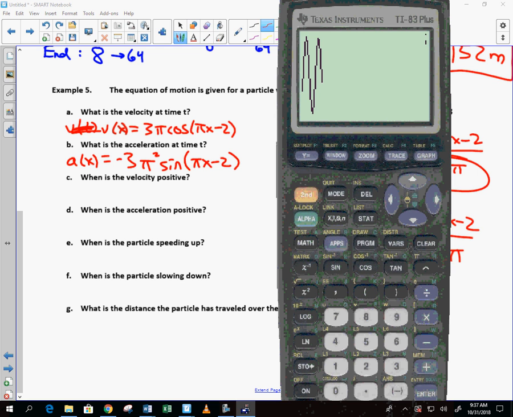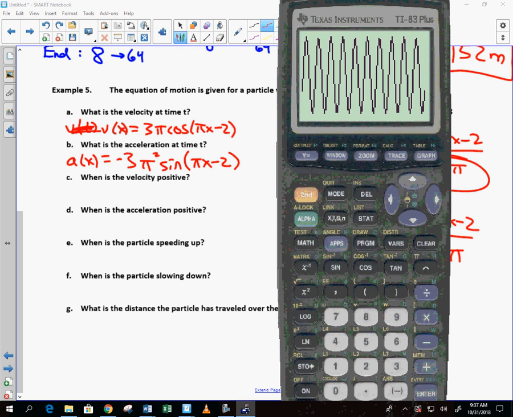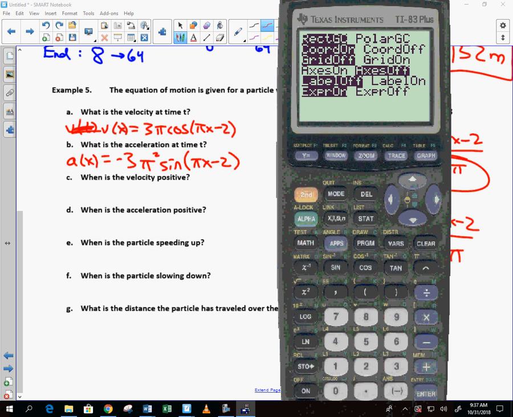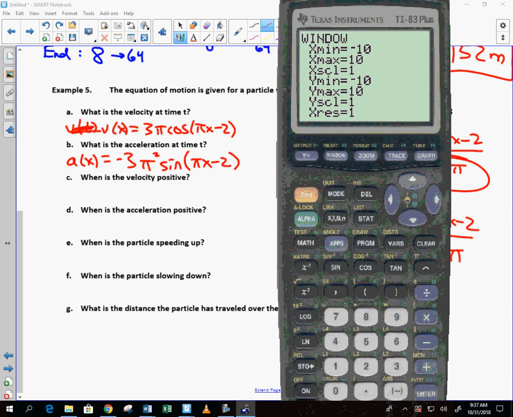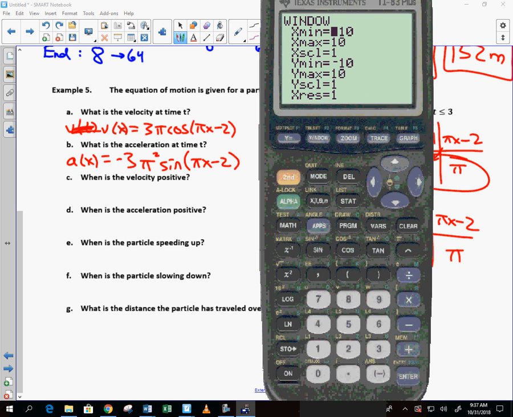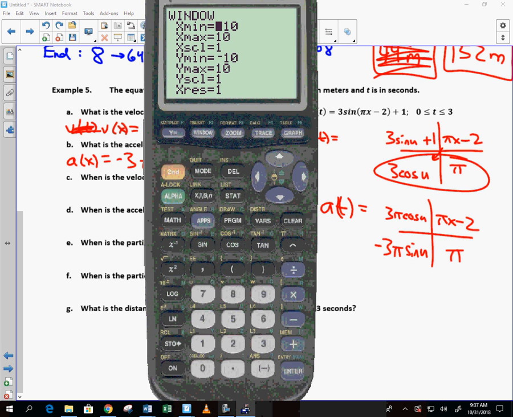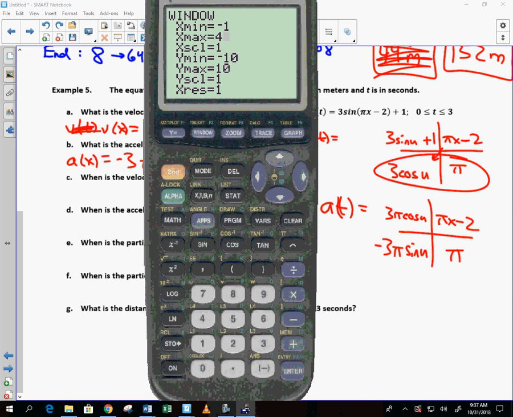I look at the graph. Going to my format here, and I'm going to turn my axes on. And I'm also going to look at my window. Looks like the negative 10 is probably fine, isn't it? But it appears that my x values, I only need to go from 0 to 3, don't I? So I'm going to go from negative 1 to positive 4, and that'll be enough to see exactly what I want to determine. And there's my graph.